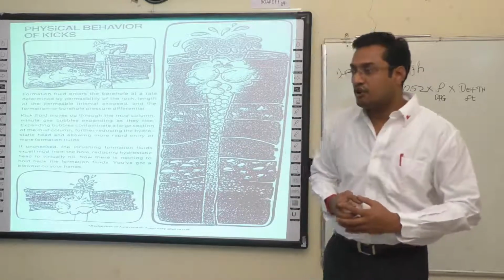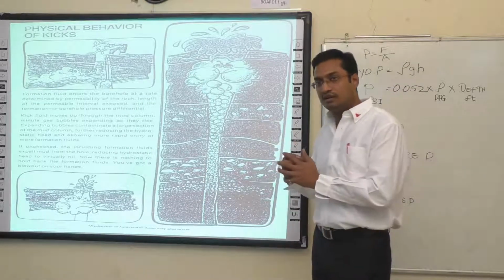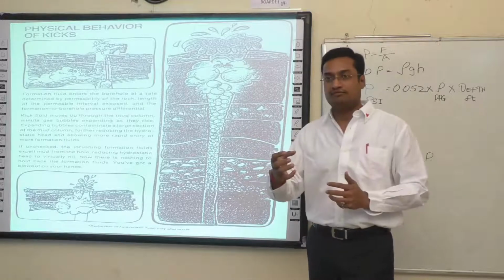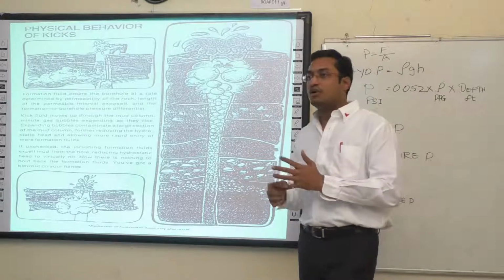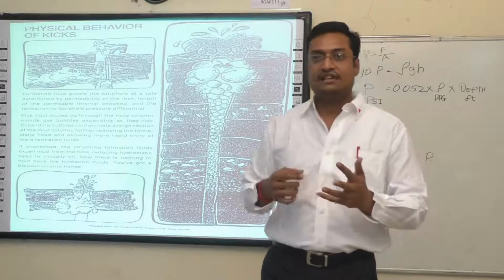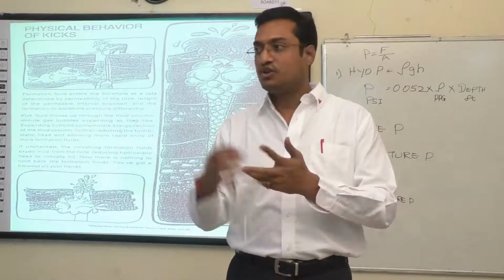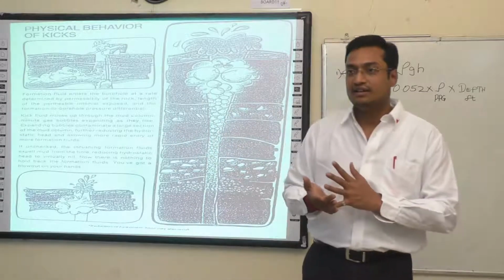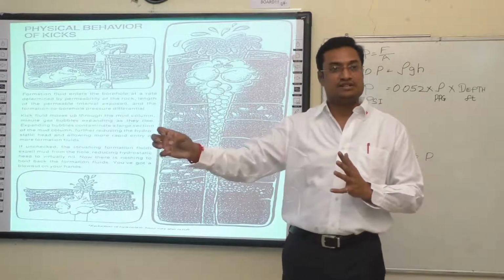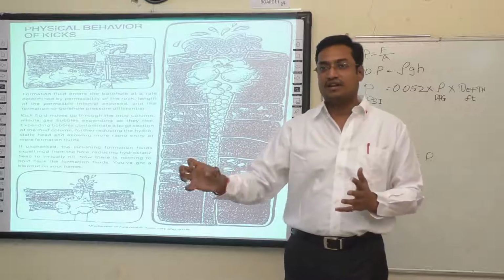So you have to have knowledge not only about kick, you need to know how it will behave. If it is a water kick, if it is an oil kick, if it is a gas kick, you need to start identifying, looking for indications, which type of kick has happened.